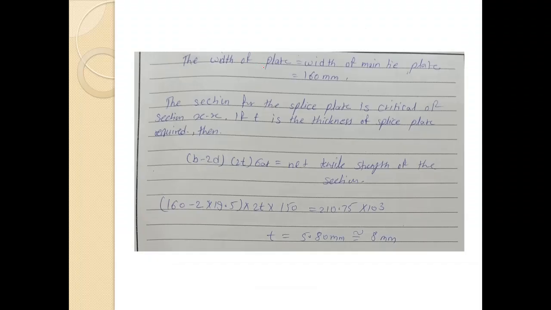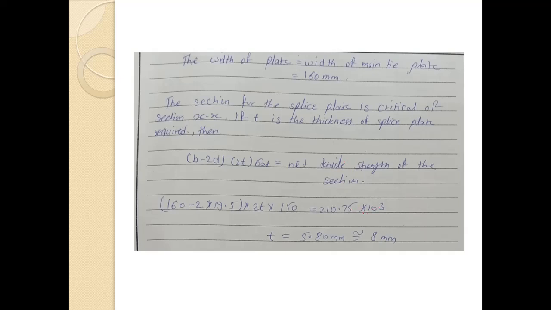Now the width of the plate, that is the splice plate. The width of the main tie plate is 160 mm. The section for the splice plate is critical at section XX. So if t is the thickness of the splice plate required, then B minus 2d, into 2t, into sigma at, that is the net tensile strength of the section. So here B is 160, 2 into 19.5, into 2t, into 150, equals 210 into 10 raised to 3, the net tensile strength of the section.